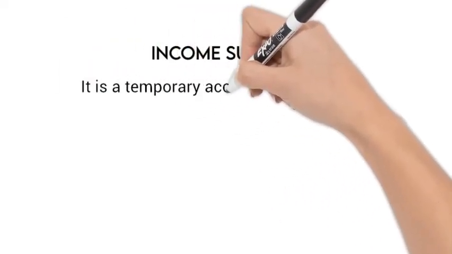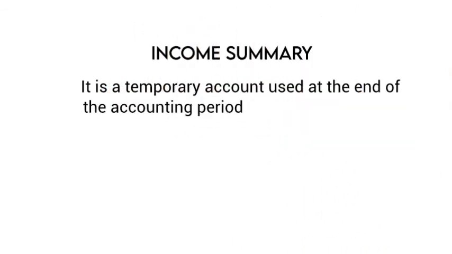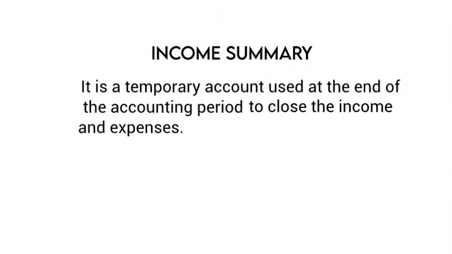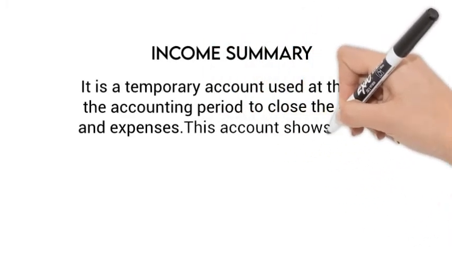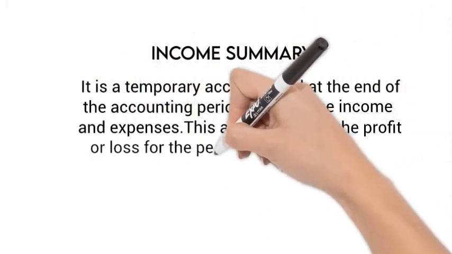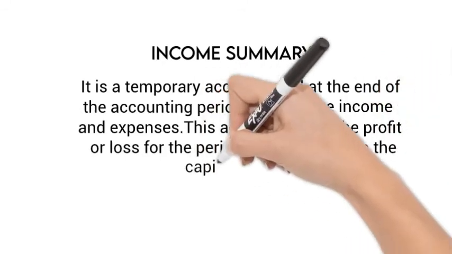Ito ay temporary account na ginagamit lamang sa dulo ng accounting period para i-close ang income and expenses. Ito ang account na kung saan ay makikita mo ang mismong kita at tinatawag na profit or loss for the period bago isara sa capital account.